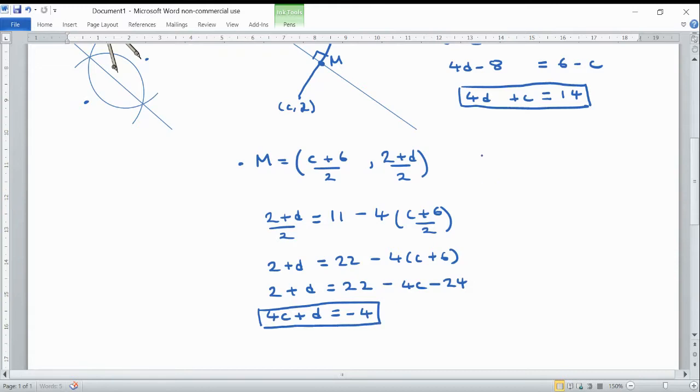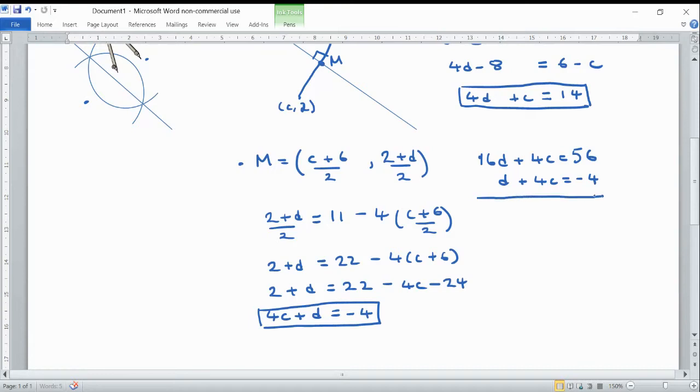So let's try and solve them both. We could multiply the first equation through by 4, for instance, so we'd have 4c in common. So 16d plus 4c would equal 4 lots of 14, so 56. And the second equation, 1 lot of d plus 4 lots of c equals negative 4.